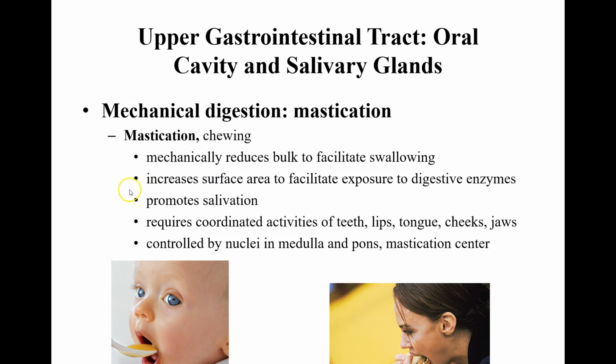Mechanically chewing food helps to increase the surface area of the food, and it helps promote salivation. So the more we chew, the more saliva we produce. This is why at the end of a meal, a lot of times people will take out a piece of gum. Gum actually helps to clean your teeth and your mouth because it produces more saliva.